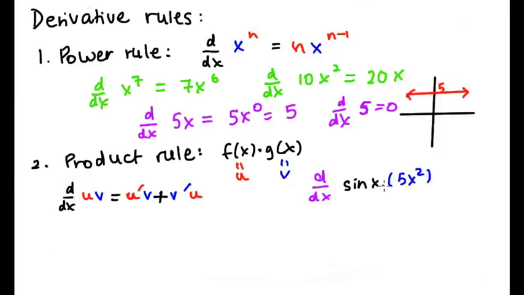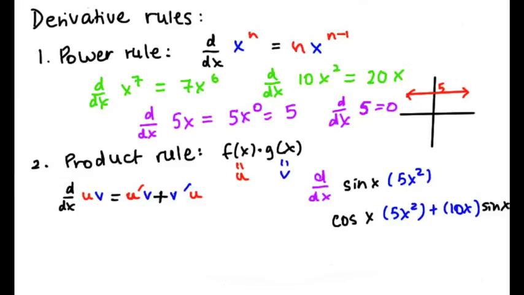Well, if sine of x is our u, it states that we have to find the derivative of u, which is cosine x, times just the second function, plus the derivative of the second function, which is 10x, times just the first function, which is sine of x.